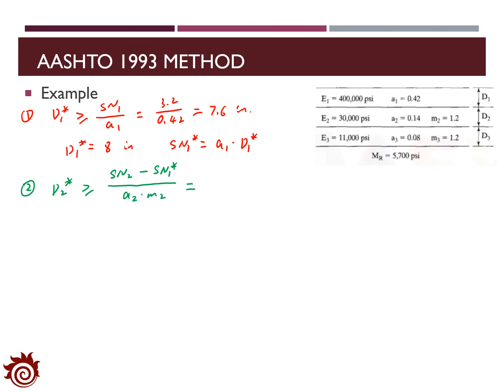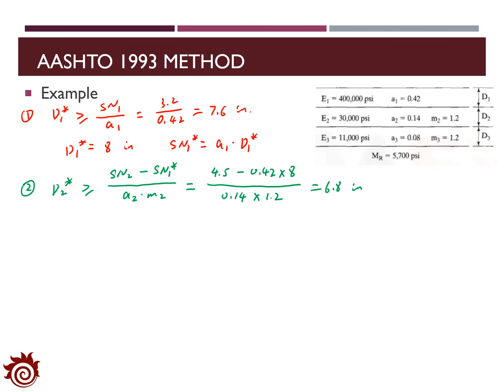In this case, we have SN2 as 4.5 minus SN1 star as 0.42 times 8, divided by A2 is 0.14 times M2 is 1.2, which will give us the result as 6.8 inches.